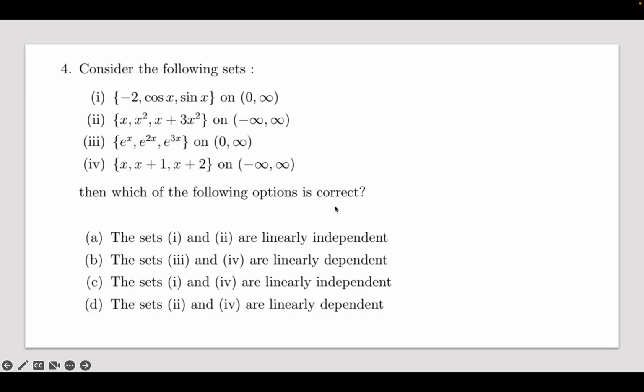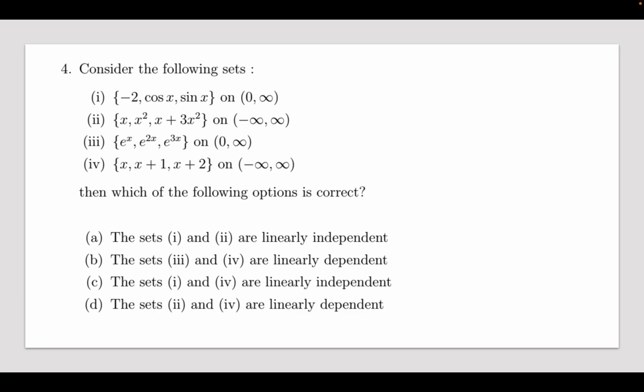You need to find which two are linearly dependent and which two are linearly independent. So you just need to calculate the Wronskian of all four options, and then see whether one and two, or some other options, are linearly dependent.